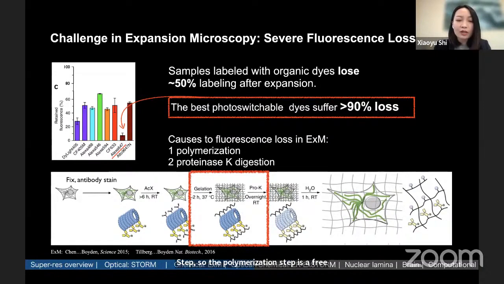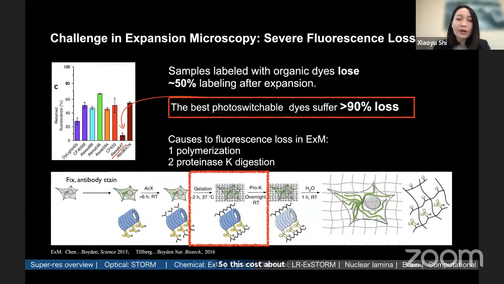So there are a lot of free radicals and electrons going on in the system around the cell, around the labels inside of the cell. So these free radicals can react with the organic dye to change their conformations and structures. So they are in the dark state permanently, and they will not fluoresce anymore. So this caused about 20% of the loss.